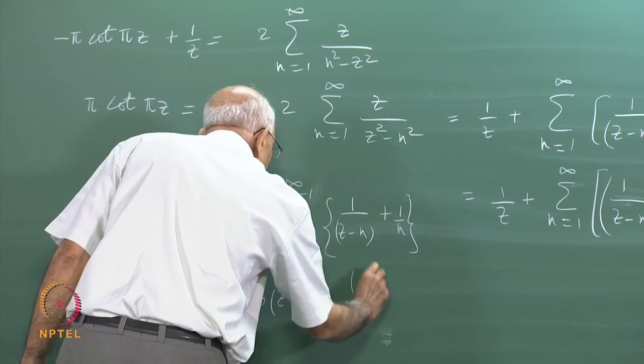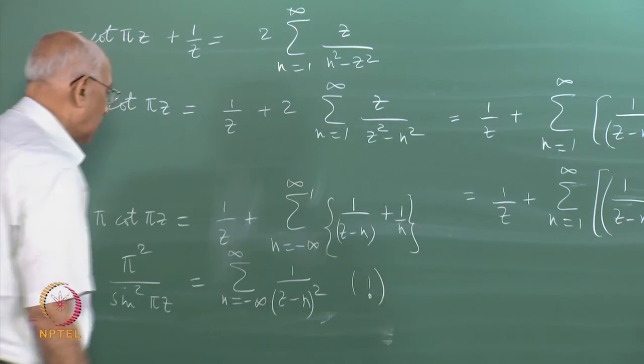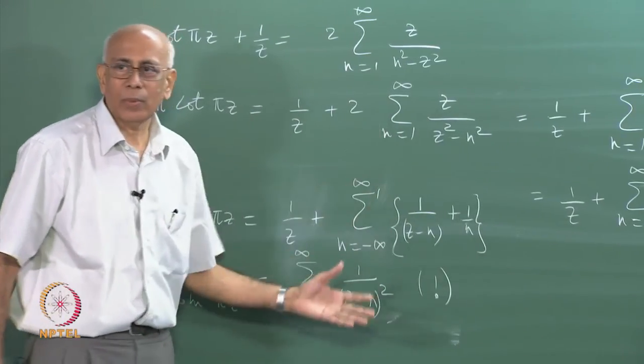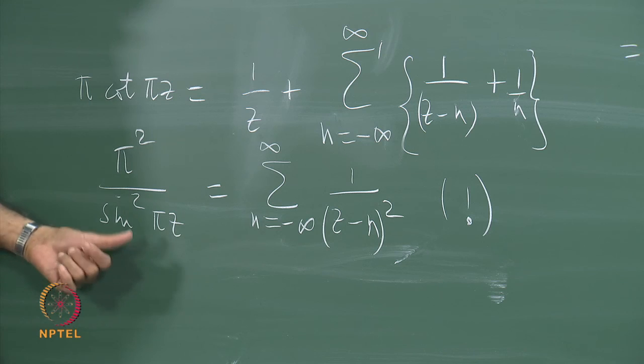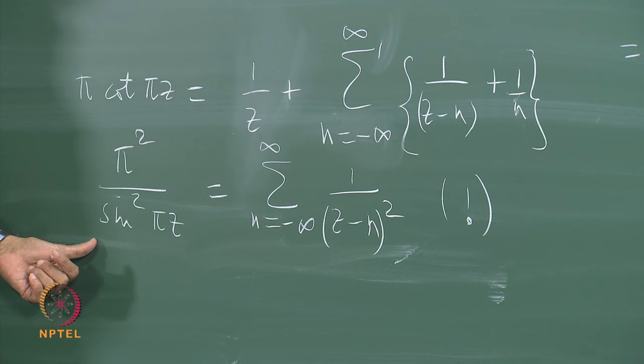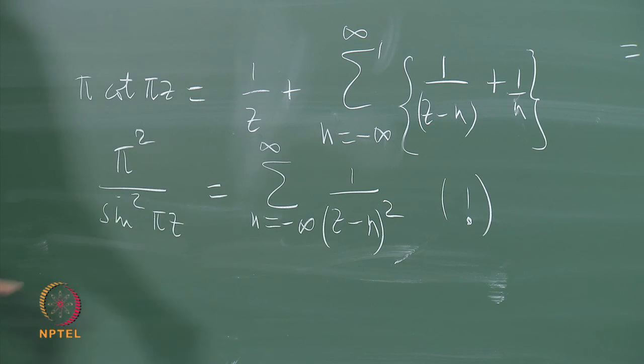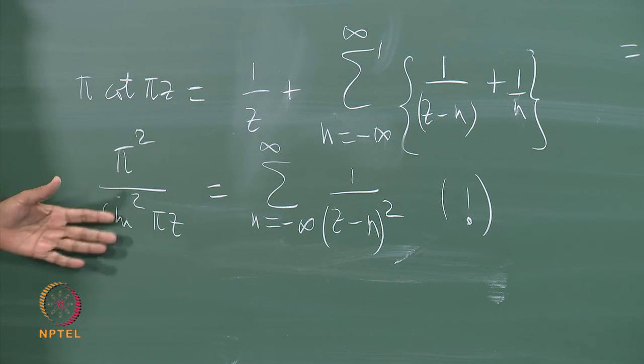I want you to be surprised by this relation. It is a remarkable relation, because here are algebraic functions, z minus n whole squared. This has a double pole at all the integers including 0, and it is just a sum over those double pole terms and nothing else, and that turns out to be a sine function, a cosecant function like.